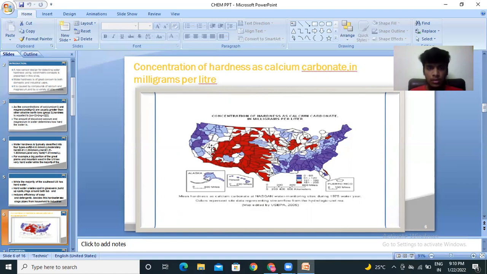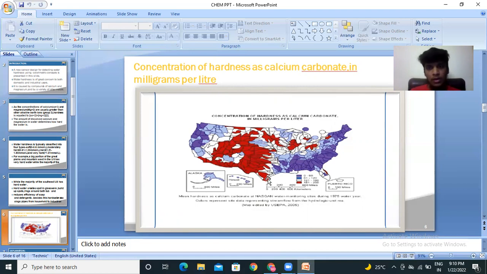And the concentration of hardness of the water is more in this red color region, you can see over here, 181 to 250.